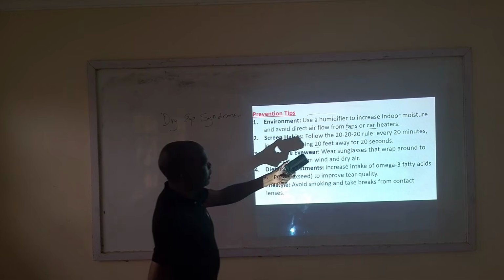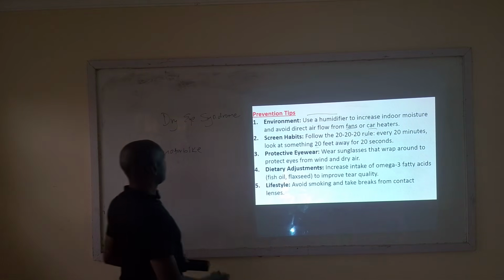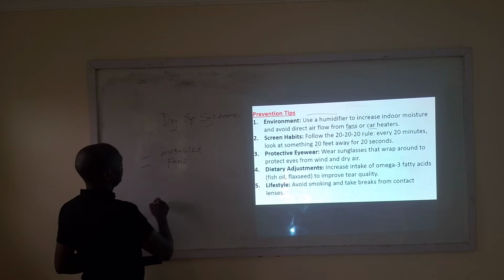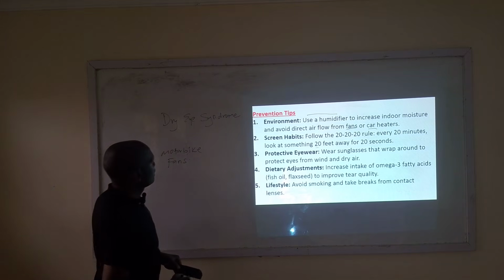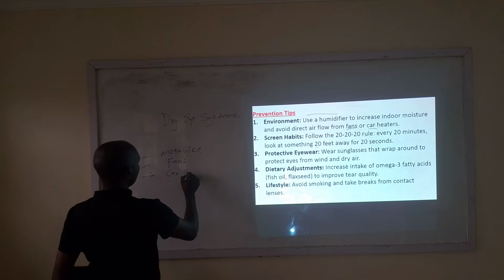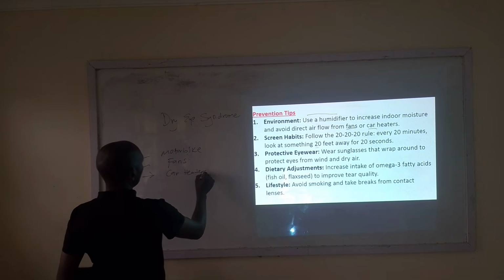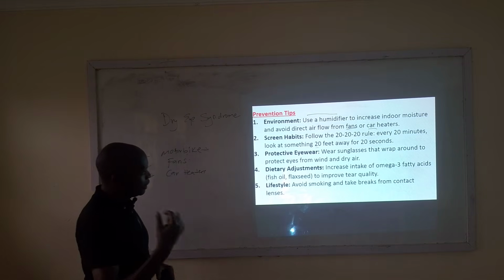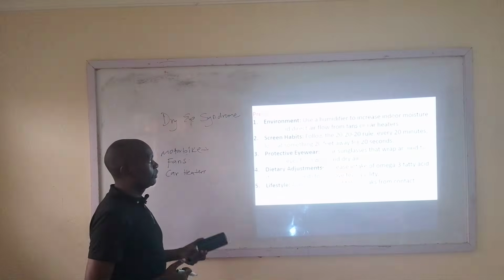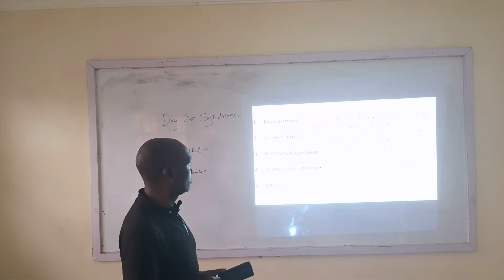We are increasing the list. Other people who are also affected in that manner are those exposed to blown fans, which can also be car heaters. These expose your eye to wind, and therefore cause dry eye syndrome.